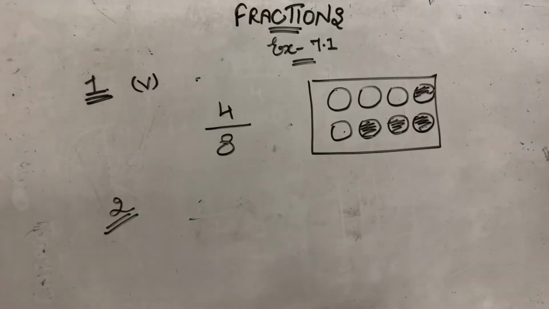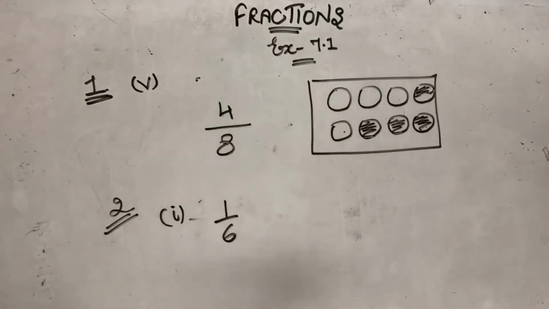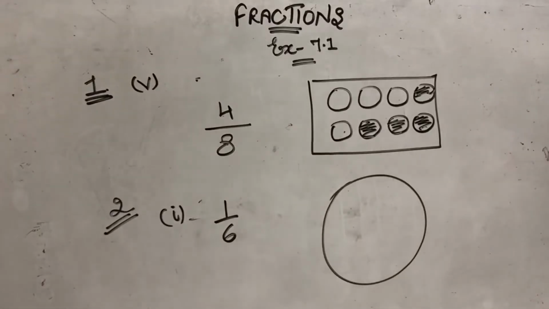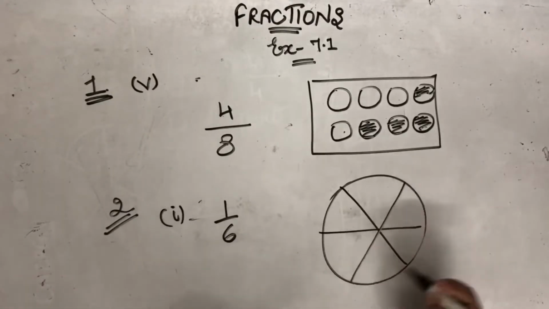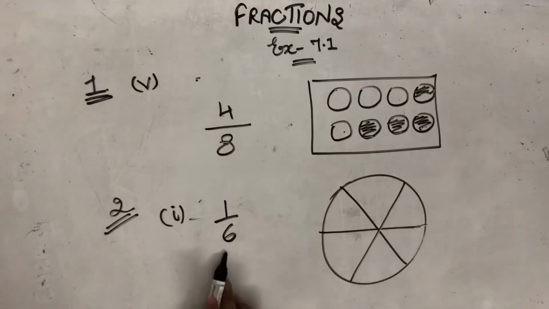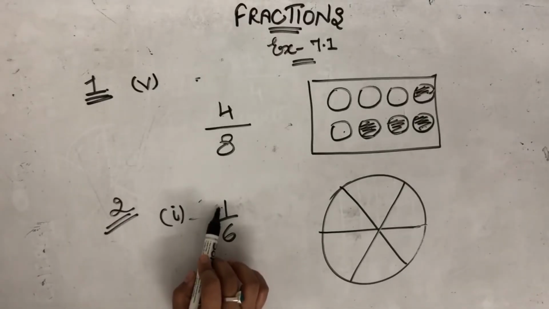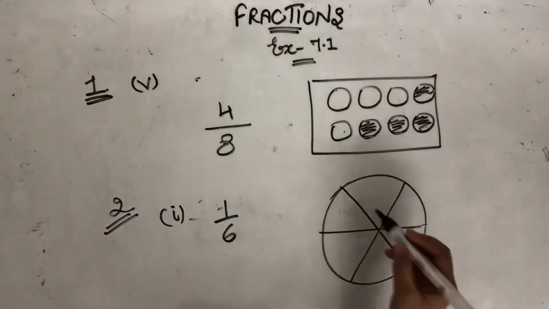Color the part according to the fraction given. So I am doing, let's say, first part. 1 by 6 is the fraction and the figure given is, so 6 means you have to divide this figure in 6 parts, and 1 in the numerator means you will shade only one part.